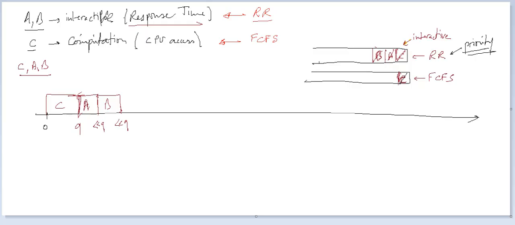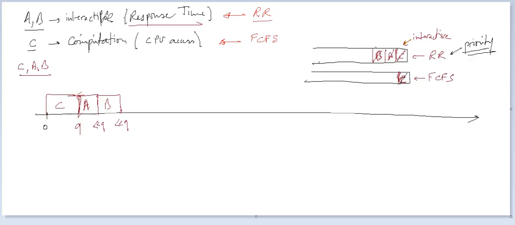Because when we had A and B and C on two different queues, we had to choose one process, and we chose A and then B. That's because A and B are on the interactive queue, which is more important to us as humans, as users of these types of operating systems. So we gave a higher priority to the round robin queue than to the first come first served, which makes sense, because we want to minimize response time.